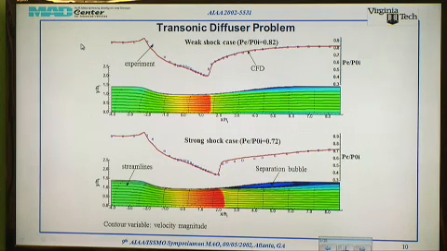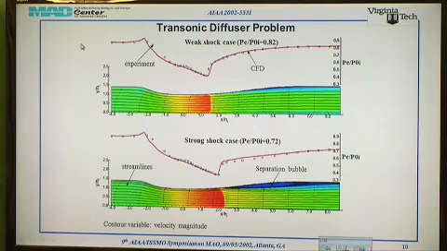So here is a depiction of the problem. That is, the colored part describes the flow field in the nozzle where you have a weak shock, that is the exit pressure, this is P sub E, over the intro pressure, which is on the left, is 0.82.